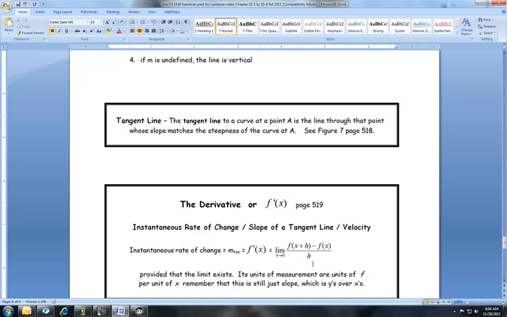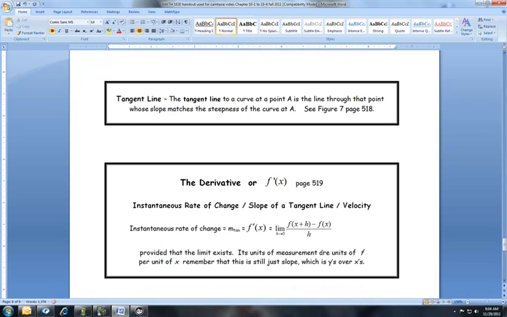There will be some problems on the homework where you have to indicate what the units of measure are. So usually it's a good idea when they refer to that, go and see what y's are and what your x's are, and just write it as a fractional word.